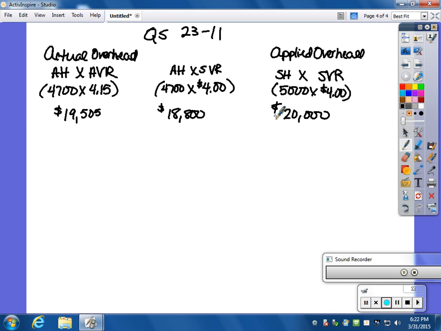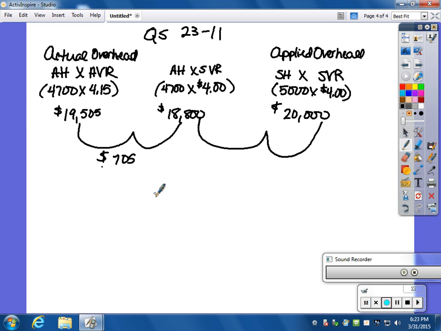Now, connecting these two, what is this variance here? The difference between here is 705.